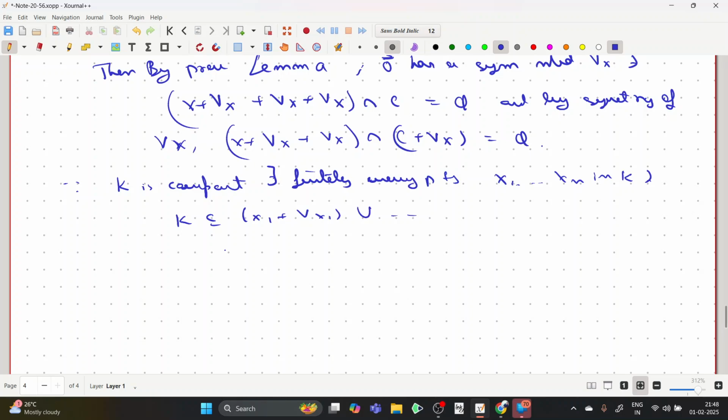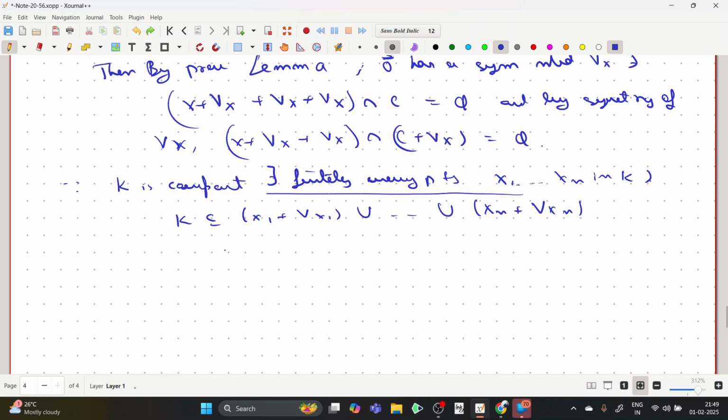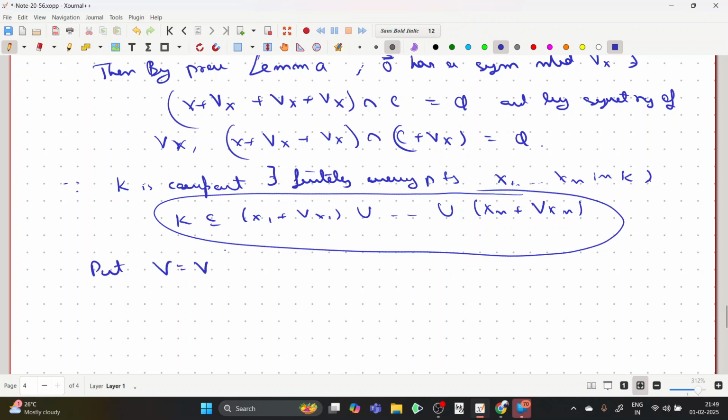So this is one of the open sets, then I can continue this till xn plus Vxn. So this will give me an open cover for K. Fine, but then put V to be Vx1 intersection Vx2, and I can continue this till Vxn.